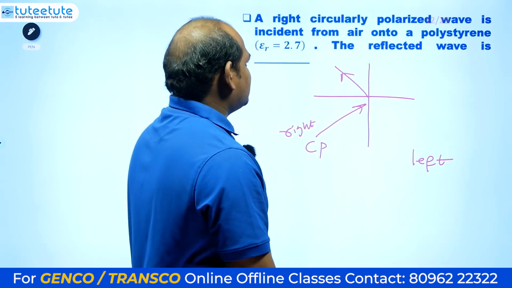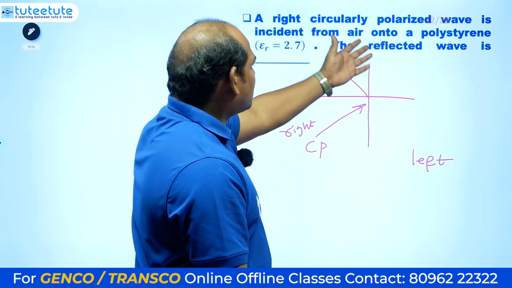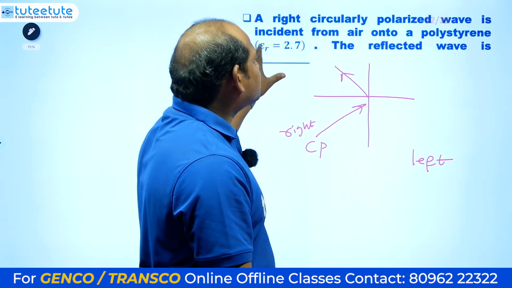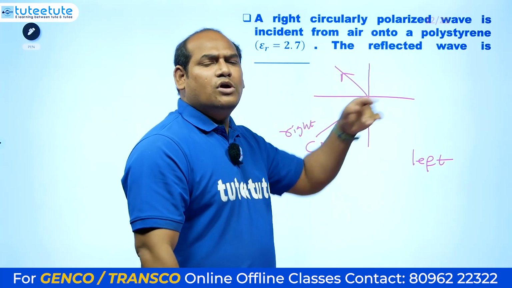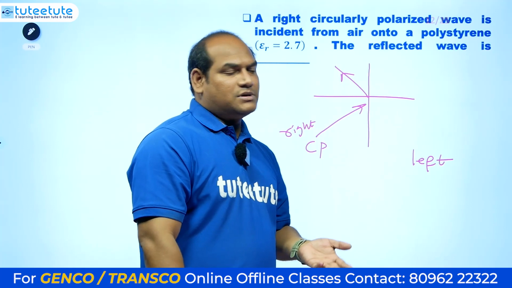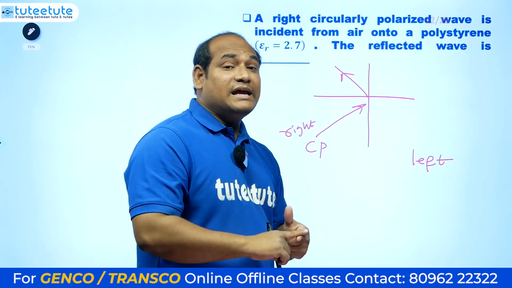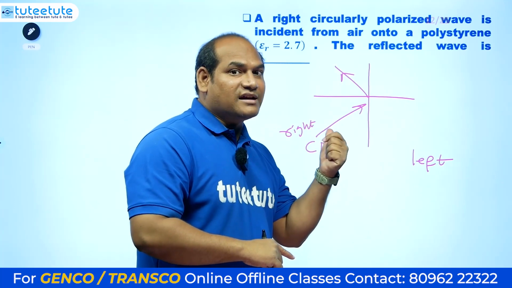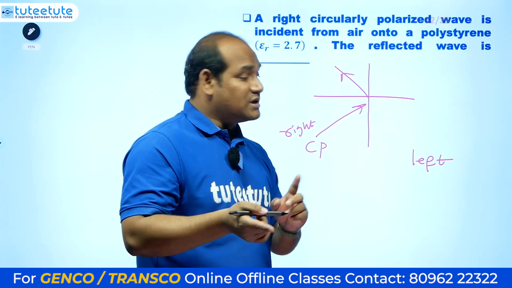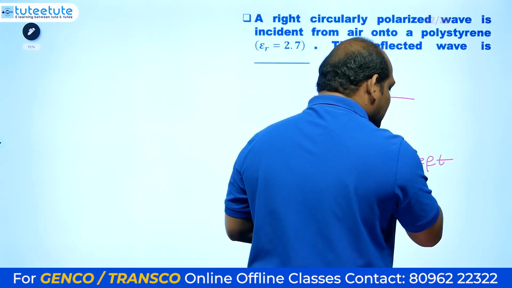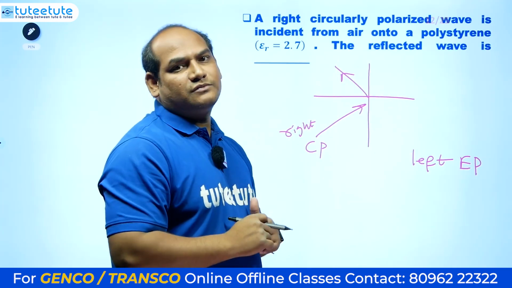Next, a right circularly polarized wave is incident from air onto this particular material, and we need to comment on the reflected wave. From the polarization concept, if you send this circularly polarized wave, they did not mention the Brewster angle, so you may have two components. Because of the two components, you may get an elliptically polarized wave.